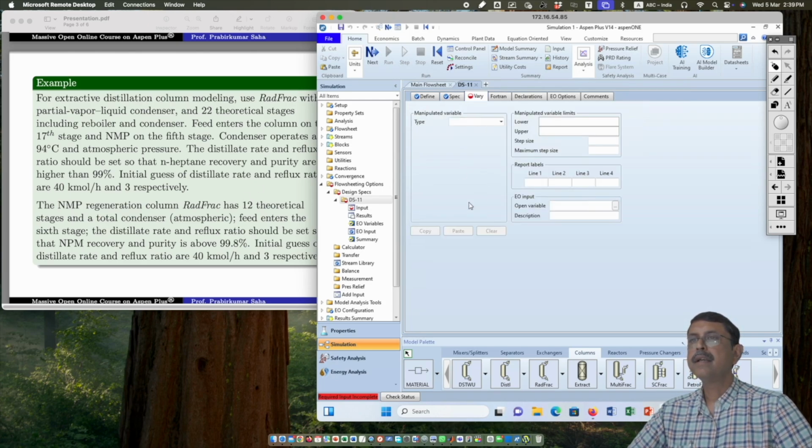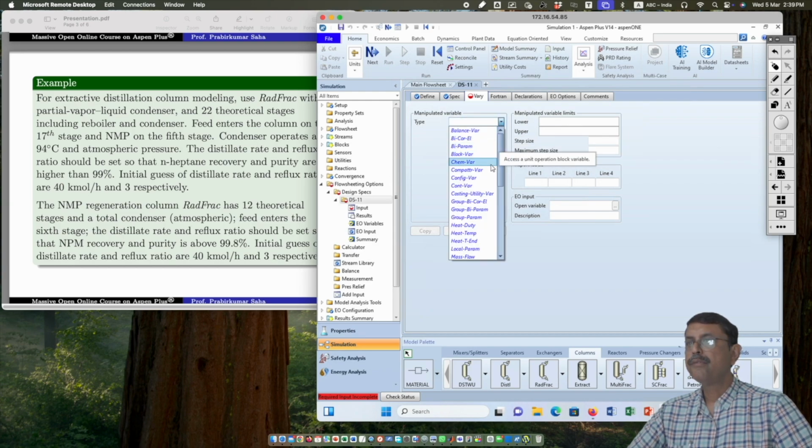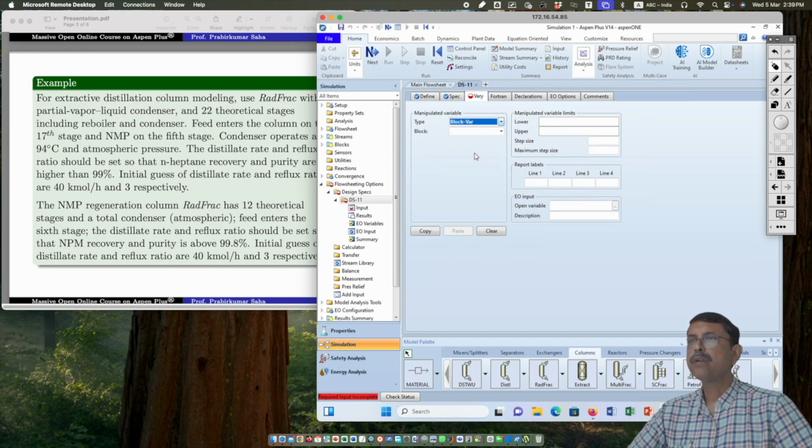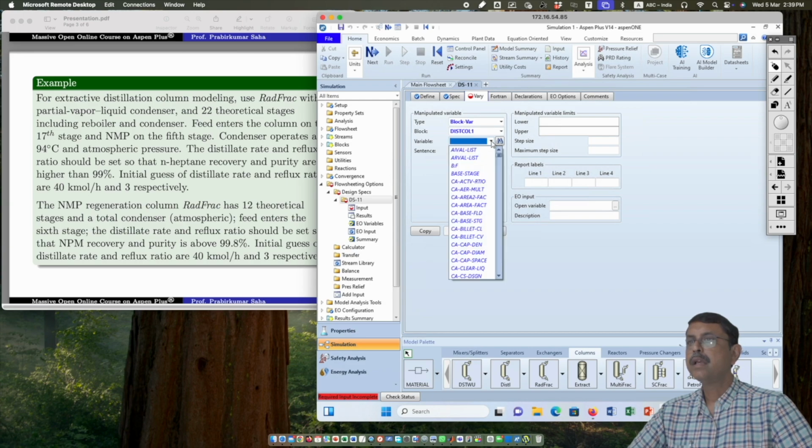And what will vary? We will vary the distillate rate. So we will vary the block variable of distillation column 1, the MOLE-D.